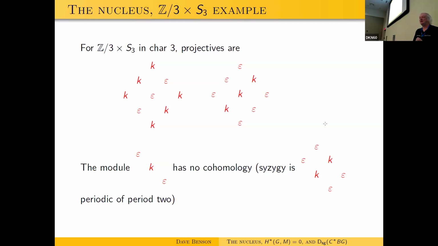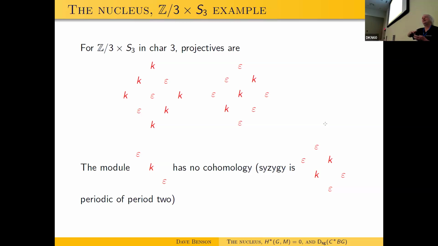And so here's a module with no cohomology. There's only one block in this group, so every module is in the principal block. So let's take just a left-leaning slice from the bottom of the second projective. If I take a syzygy of that, let's embed it in a projective and take the cokernel, that's this other module.